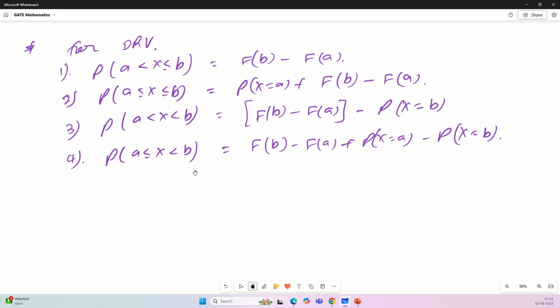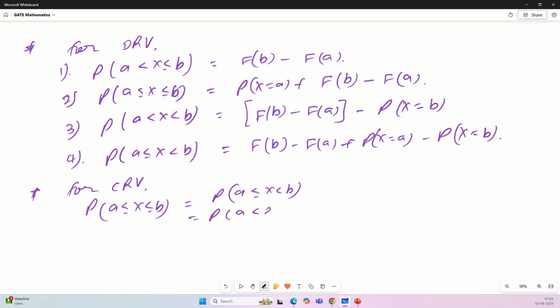So this is for discrete. Now if you talk about continuous, continuous is very straightforward. Continuous is not that complex. For a continuous random variable, we have probability a less than or equal to x less than or equal to b, okay, is actually equal to probability a less than or equal to x less than b, or probability a less than x less than or equal to b, and then probability a less than x less than b.